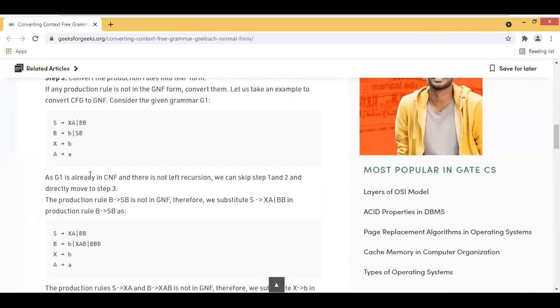See here, S tends to XA or BB, B tends to SB. In the place of this S, I substitute XA or BB. So now the rule becomes XAB or BBB.